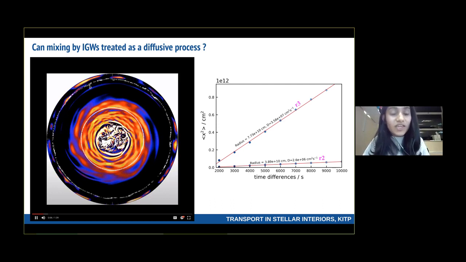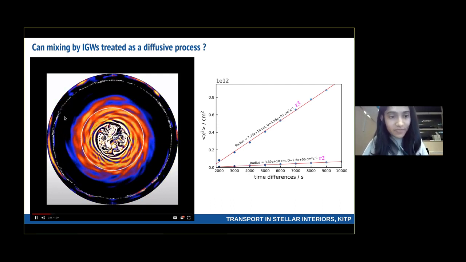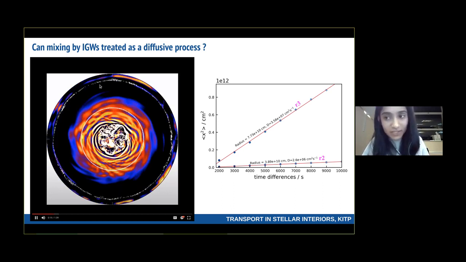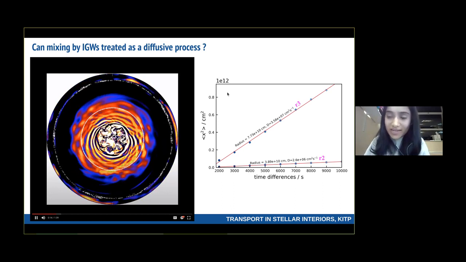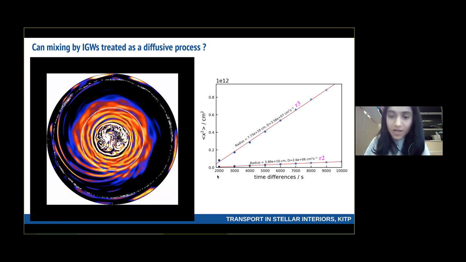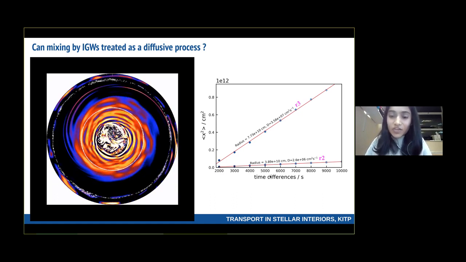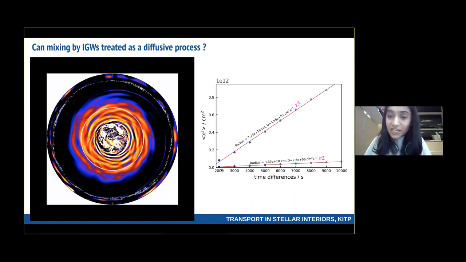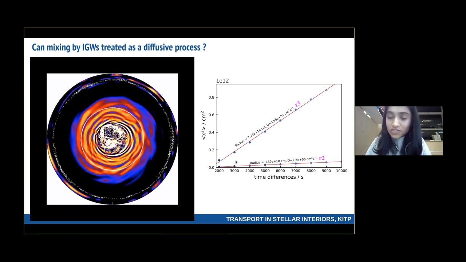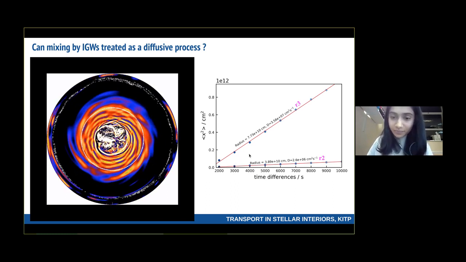Here we track the trajectories of each of these particles, and we calculated the mean square displacement. The plot on the right shows the mean square displacement on the y-axis, plotted as a function of time differences on the x-axis. Each time difference has contributions from all the time steps that we considered in the simulation.